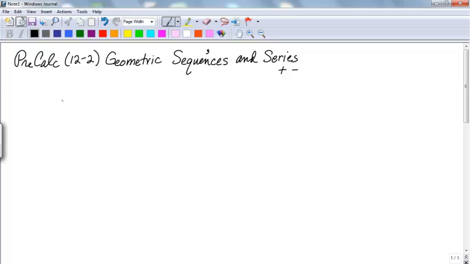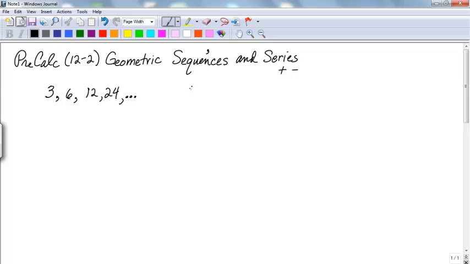Okay, so if we look at a new sequence today, like 3, 6, 12, 24, and then show the 3 dots to show that it continues on. First, you should check, is it arithmetic? Is there a common difference between each term? So you'd take 6 minus 3 is 3, 12 minus 6 is 6. No, there's no common difference. But is there a common ratio?